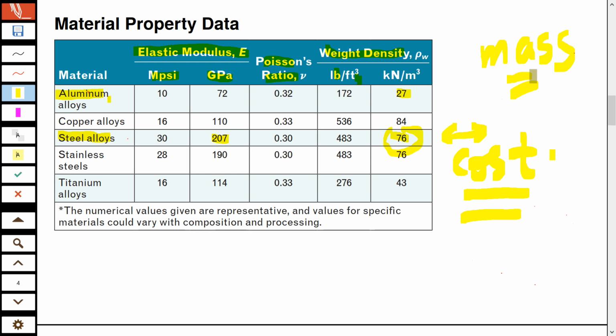If you need more mass, and let's say they are both equally available, you will need more mass. So it means that this elastic modulus is not the only thing to consider. You have to consider it together with the weight density.